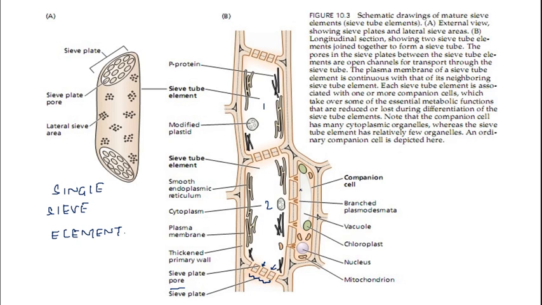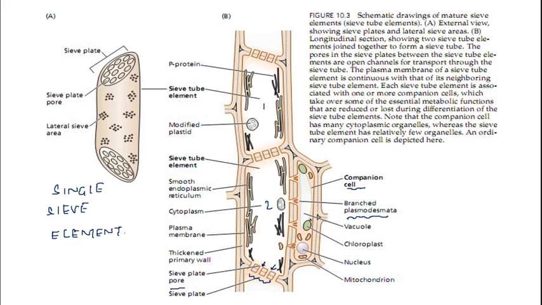There are plasmodesmatal connections between the companion cell and the sieve tube elements. There are several organelles present in the companion cell but absent in the sieve tube. Each sieve tube can be associated with one or more companion cells.